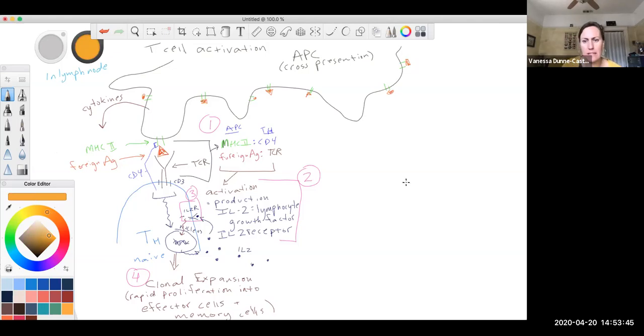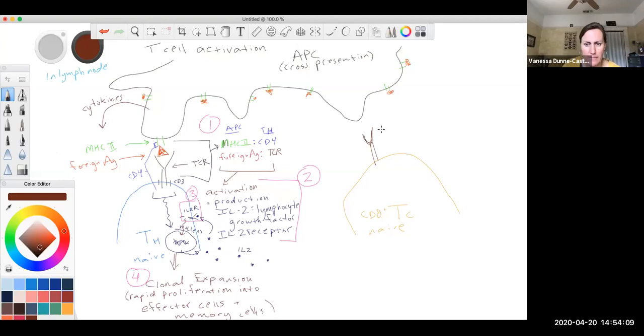So remember, this is still in the T cell zone. And here we have our cytotoxic T cells, right? These are CD8 positive cytotoxic T cells, and these are also naive cells. These guys have the same T cell receptor. Well, the same basic structure.